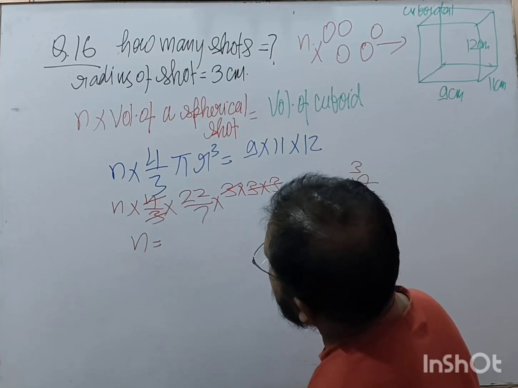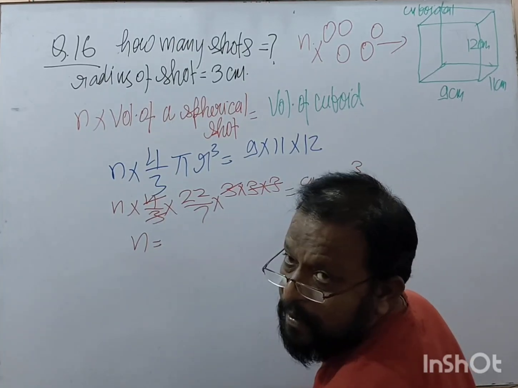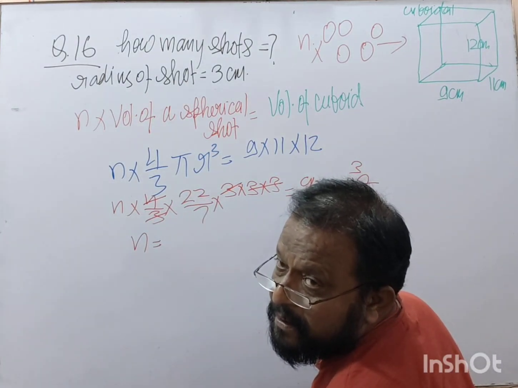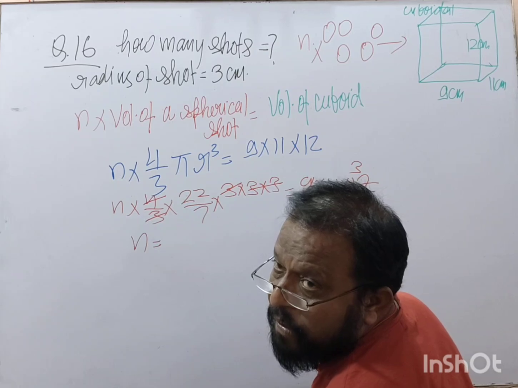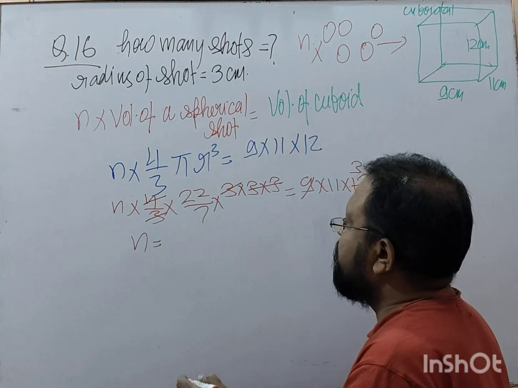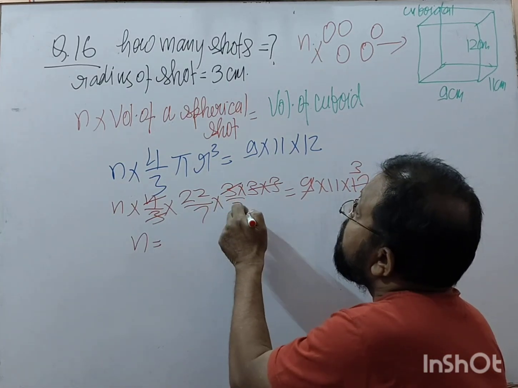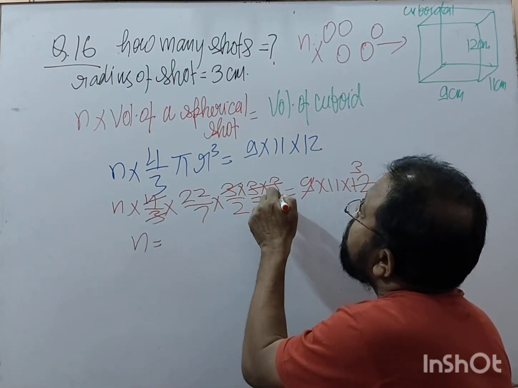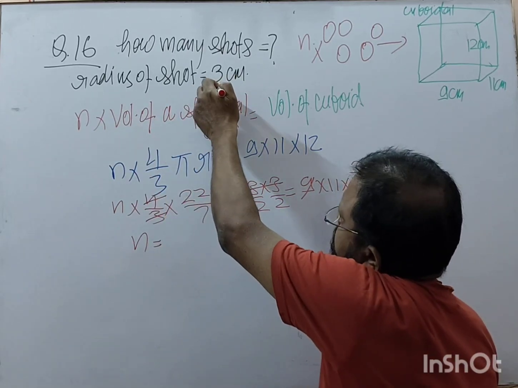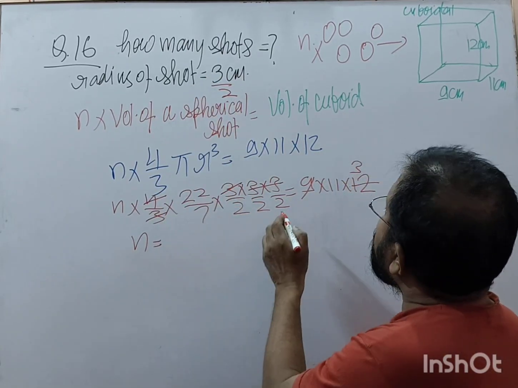Radius is 3 centimeter. What is written there? Diameter is 3 centimeters. So radius is 3 by 2.